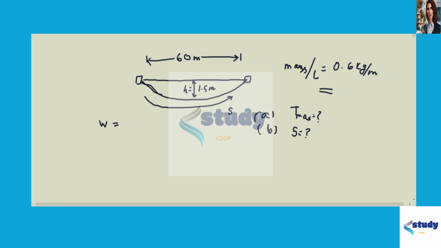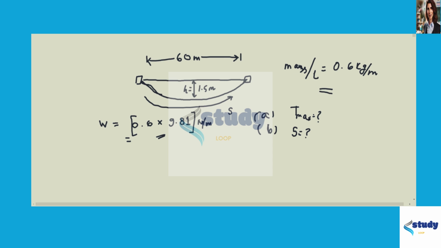Let's denote it by small w, and it should be equal to mass per unit length 0.6 kilogram per meter multiplied by 9.81, the acceleration due to gravity, and this is in Newton per meter. We'll use all of this as it is; we're not solving it right now. We will just put this in the equations.